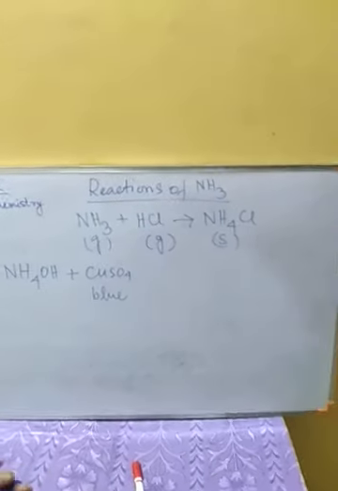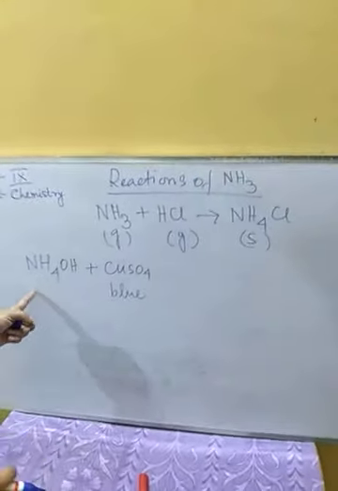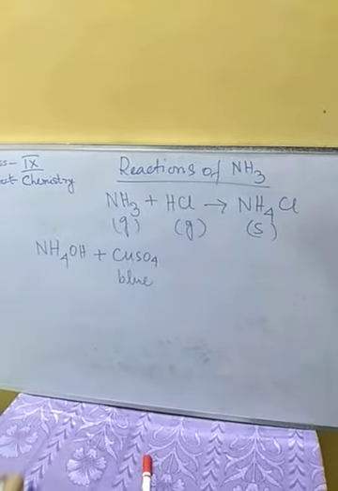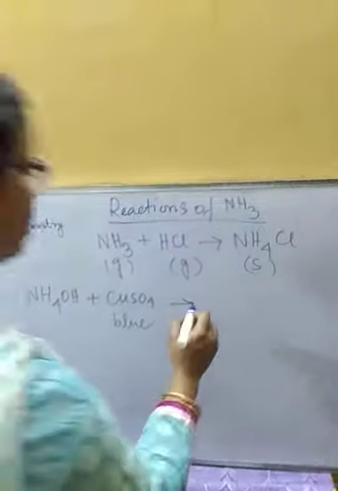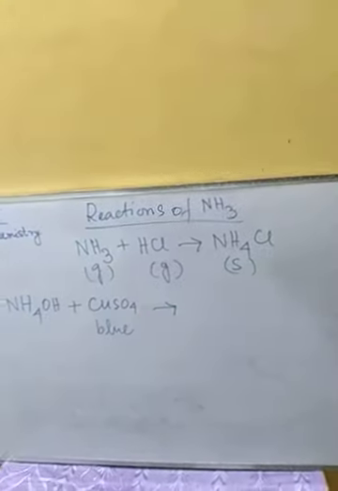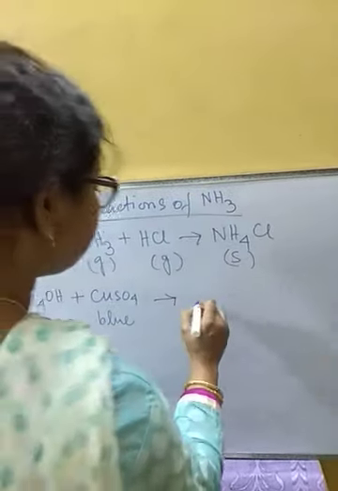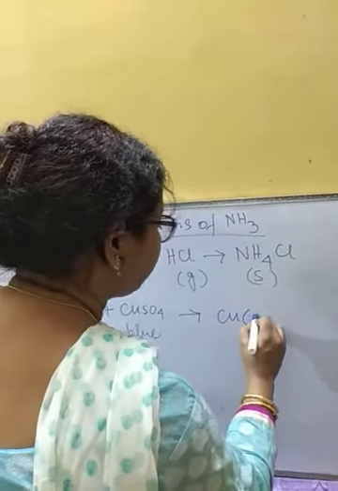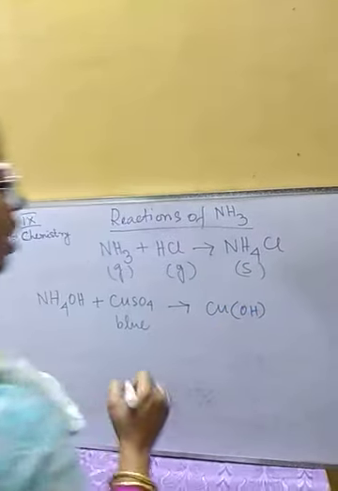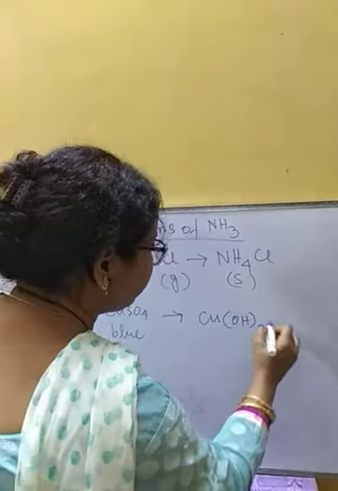Now if we add a few drops of ammonium hydroxide in this copper sulfate solution, then we are going to get a precipitation of copper hydroxide. So this is a double displacement reaction, we can say. The interchange of the ions will occur and we are going to get copper hydroxide as precipitation.